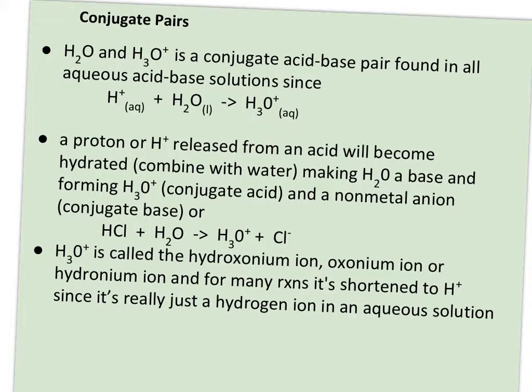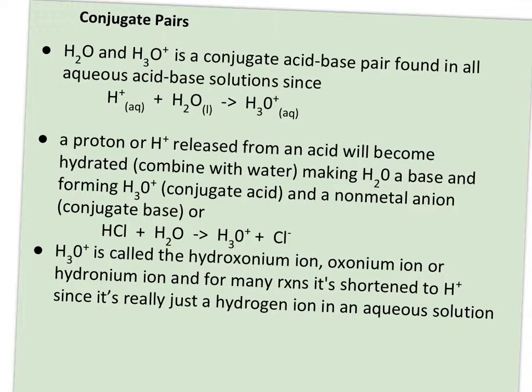Another thing to talk about with conjugate acid-base pairs is H2O and H3O plus is a conjugate acid-base pair found in all aqueous acid-base solutions, because anytime you have H plus dissociating in an aqueous solution, some of that H plus is going to become hydrated, or it's going to join with the H2O, because H2O, remember, has two lone pairs.